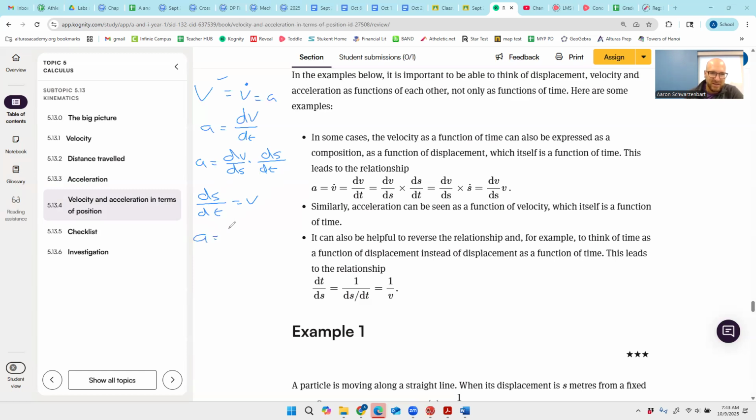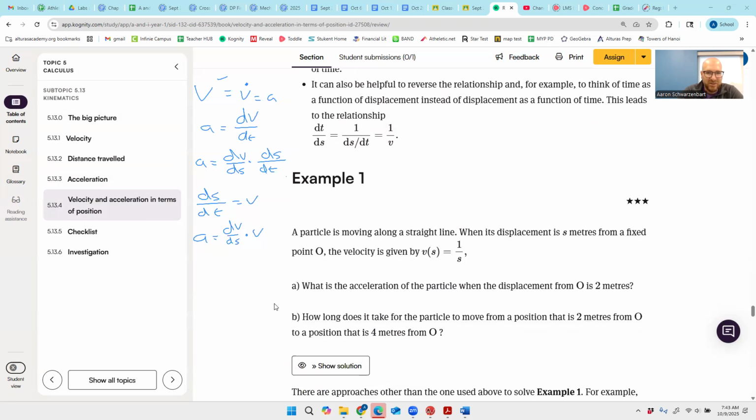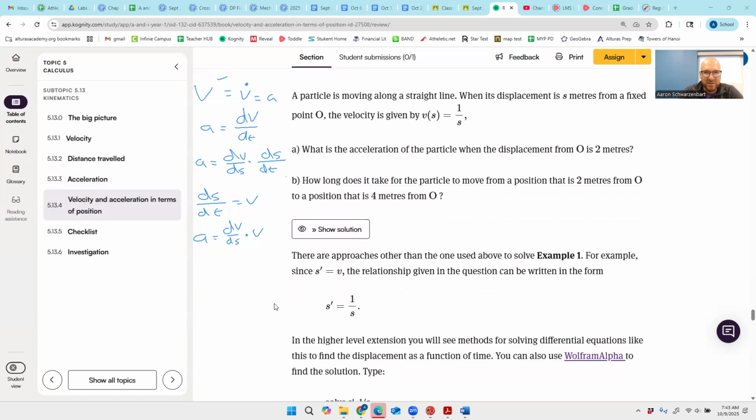So a is equal to dv ds times v. Okay? And that will sometimes happen. dt ds is just a reciprocal, so that's 1 over v. Okay. Be careful of those relationships.